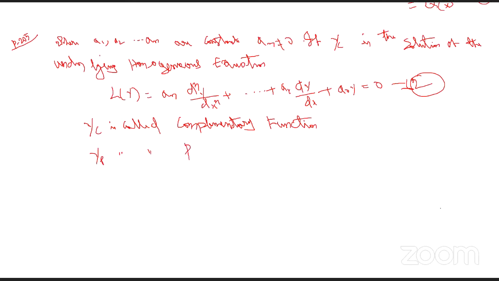Hence the general solution of equation number 1 is y equal to y_c plus y_p. Y_c means complementary function, y_p means particular integration.